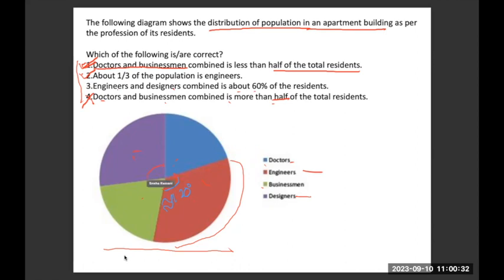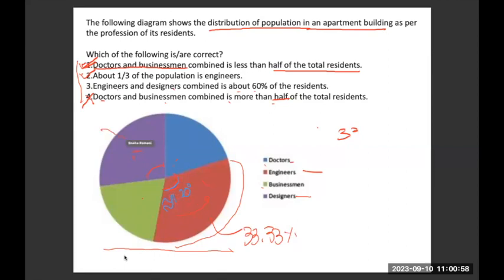This is less than 120, so this pie will be about 100 divided by 3, almost. So engineers will approximately be 33.33 because it's 1/3 or 120 degrees.